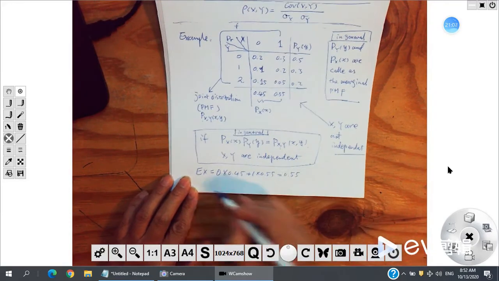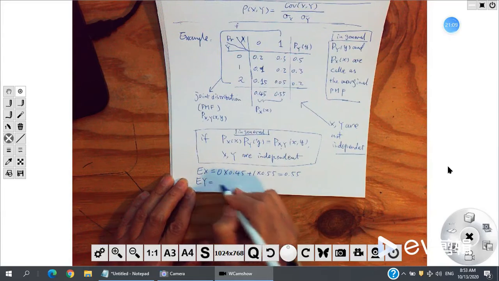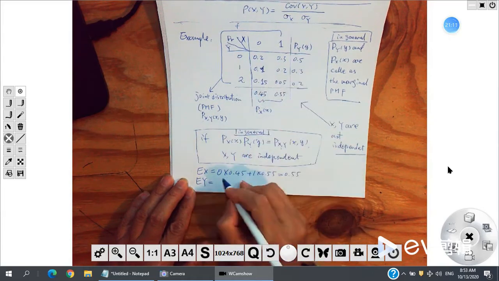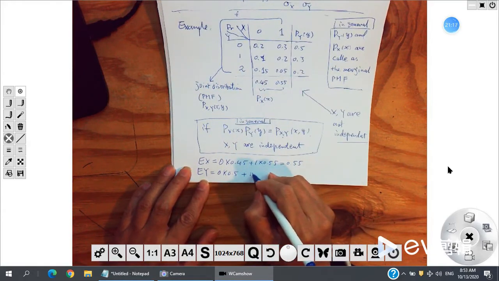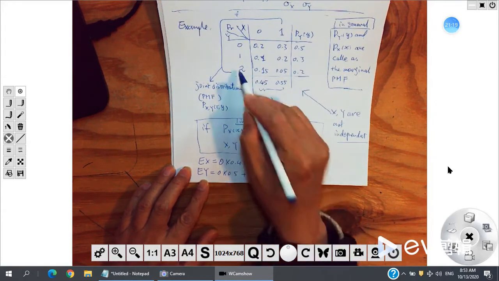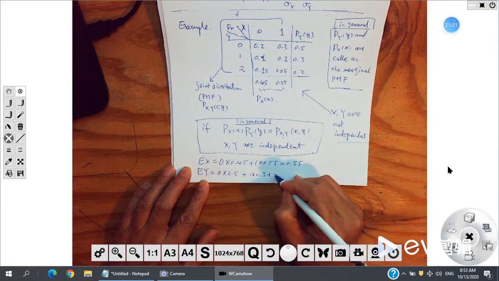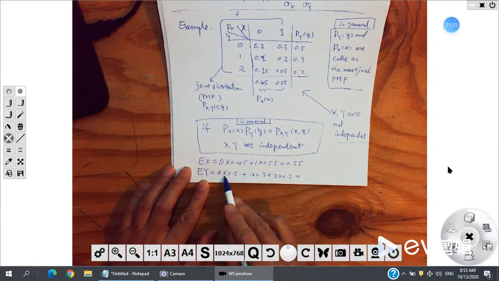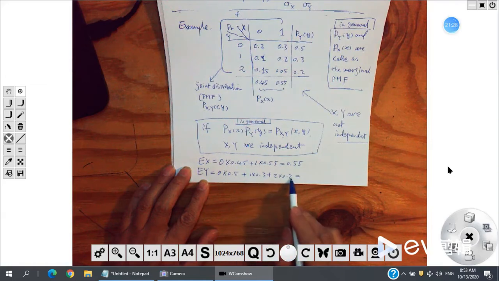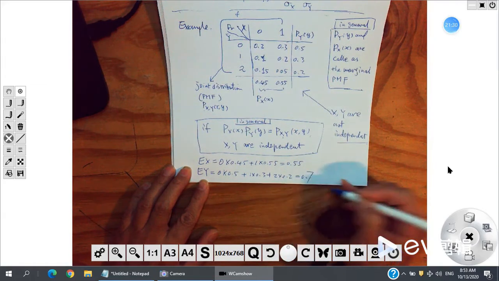And the mean of Y will be a similar thing. There will be 0 times 0.5 plus 1 times 0.3 and 2 times 0.2. So this is 0, this is 0.3, this is 0.4, so 0.7.